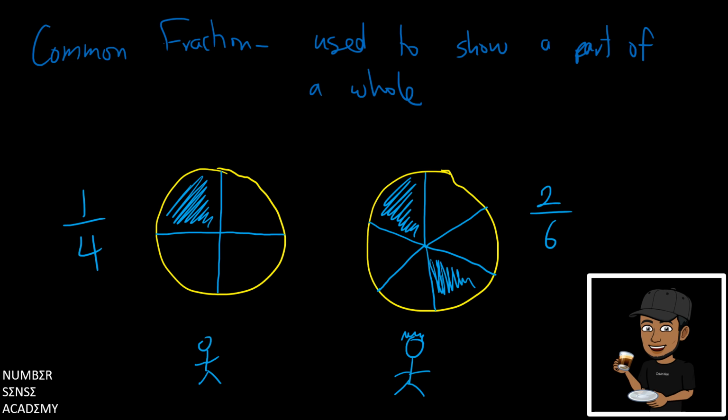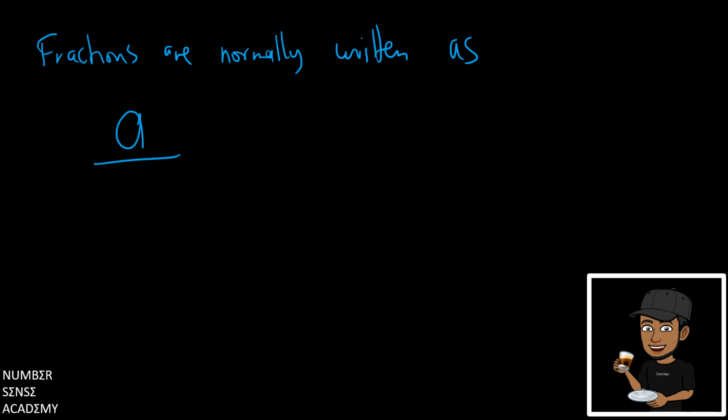All right. So this tells us some information about how fractions are written and what they mean. So let's look at that a little bit more. Whenever you write a fraction, it is normally written in a very specific form. We write it as a over b.